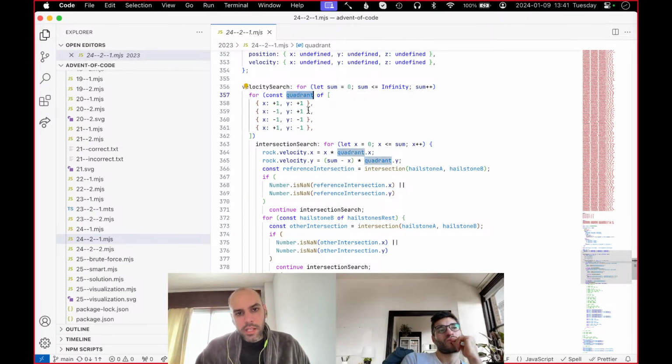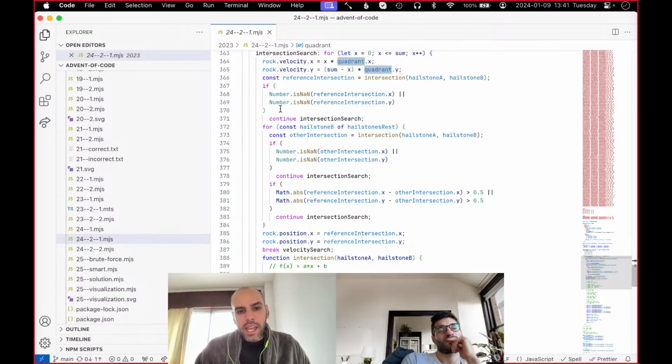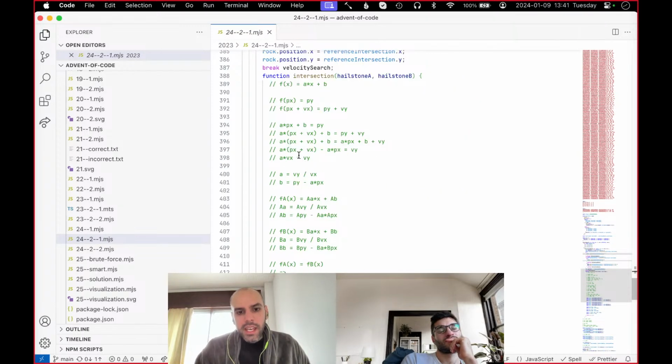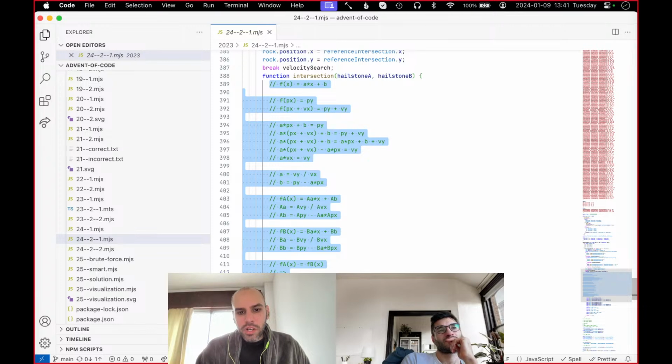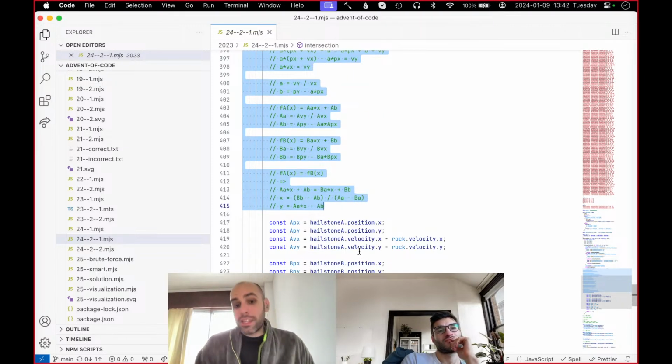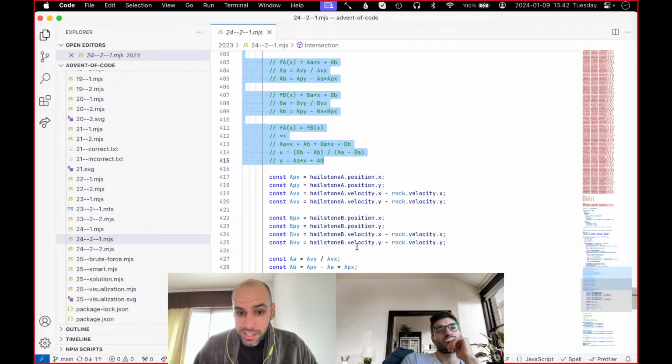That's what this quadrant is all about. And then I have to check for the intersections. Some of them may be parallel, so they become not a number because I divide infinity by infinity. And then there is all this arithmetic to compute their intersection with as few operations as possible because I thought that I had a performance problem.